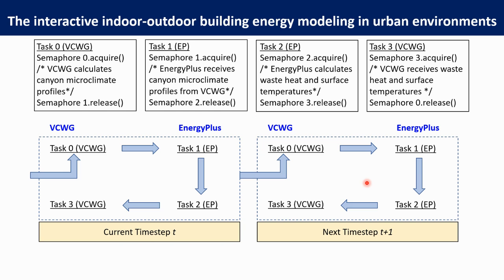So first of all, VCWG calculates the urban canyon condition, the microclimate condition, and then passes that to EnergyPlus. And then EnergyPlus calculates the waste heat generated and surface temperature and feeds back to VCWG for the next time step.